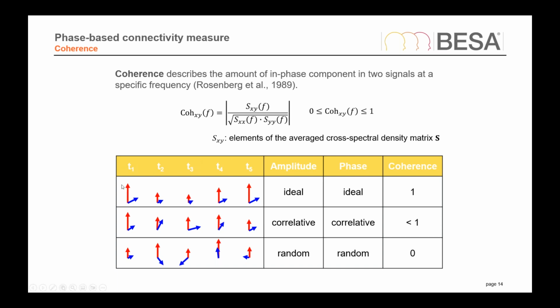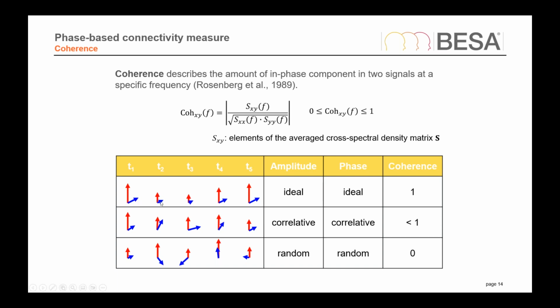Generally, we have several trials that we are analyzing, and for each trial, we have computed the amplitude and the phase relationship between these two channels. Let's say, for argument's sake, that in one scenario, we have an amplitude ratio between the two that is always the same in the 5 trials here. If we have a high amplitude in the red channel, we also have a high amplitude in the blue channel.